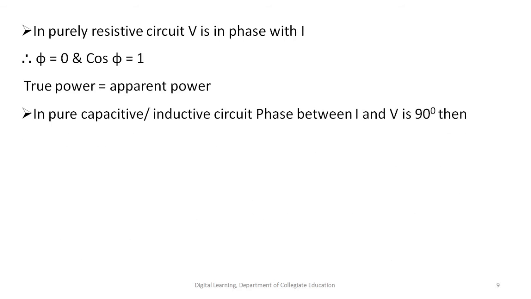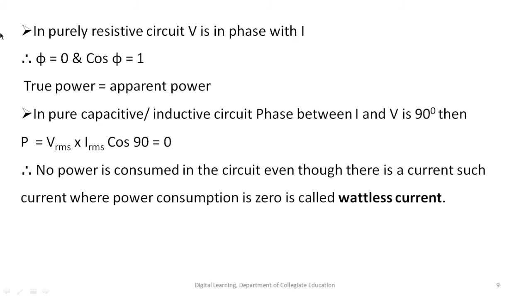In purely capacitive or inductive circuit, phase between the current and voltage is 90 degree. Therefore, true power will be equal to apparent power into cos 90. So cos 90 is 0. Therefore, no power is consumed in the circuit even though there is a small current.